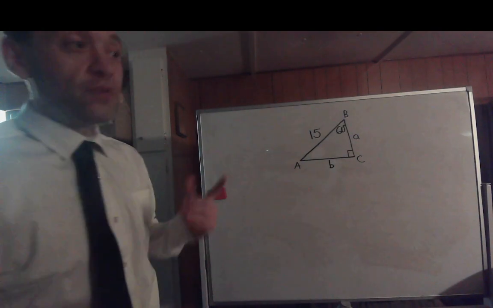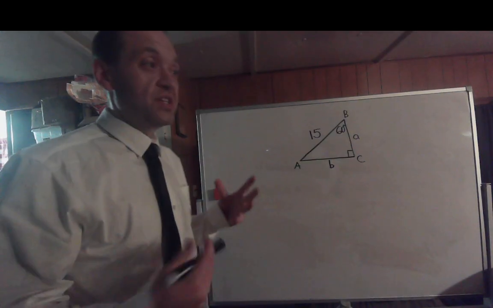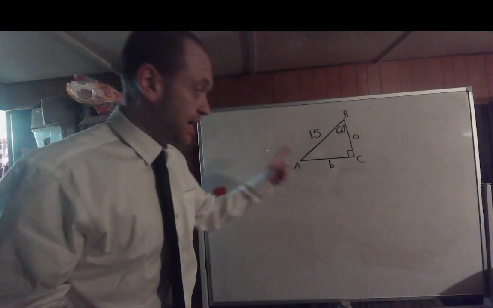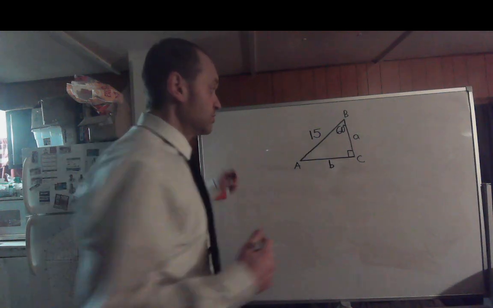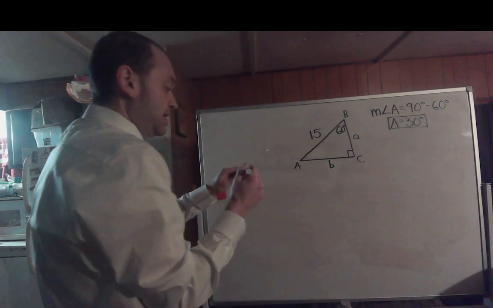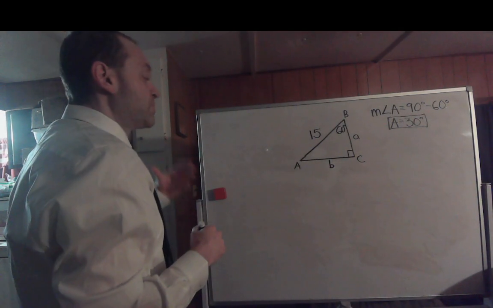So first thing, again, I would say we solve for the missing angle. The measure of angle A is going to be 90 degrees minus 60 degrees, which gives you that A equals 30 degrees. So we just found the missing angle A.